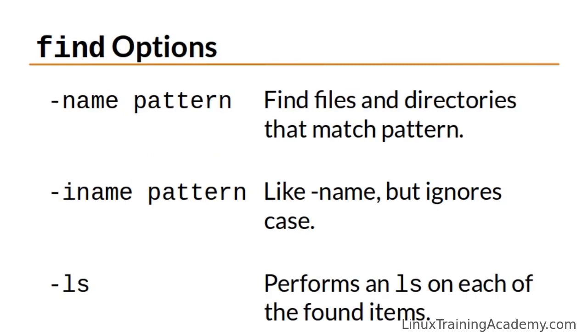You can give find a search pattern by using the -name option, and find will return all the files and directories that match that pattern. If you use -iname, that tells find to ignore case. If you provide the -ls option to find, it will run an ls -l, a long listing format display of the files and directories that it finds.